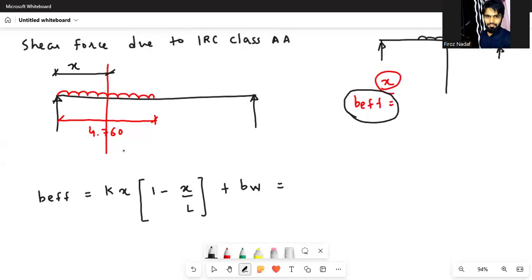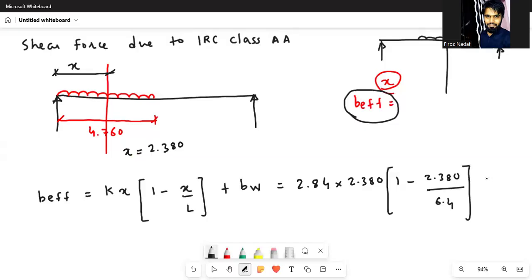X equal to 2.380. K value is already calculated, K is 2.84. So 2.84 into 2.380 into 1 minus 2.380 divided by L, which is 6.4, plus BW, which is 1.01.